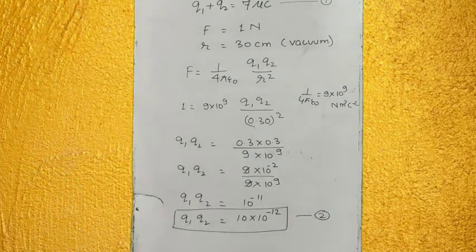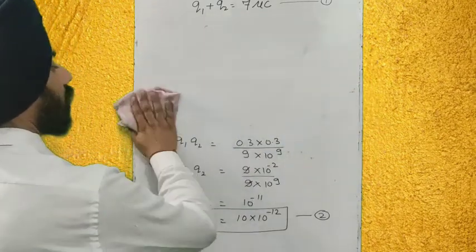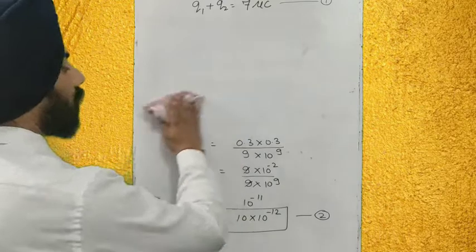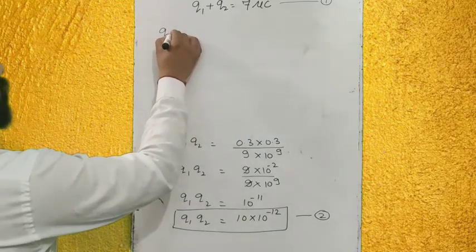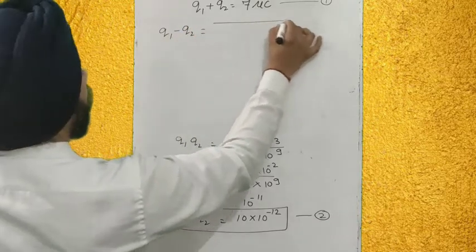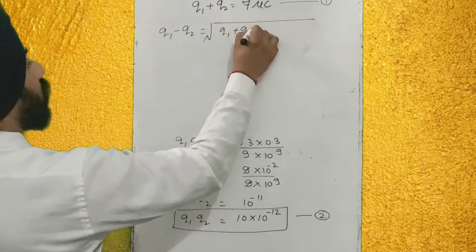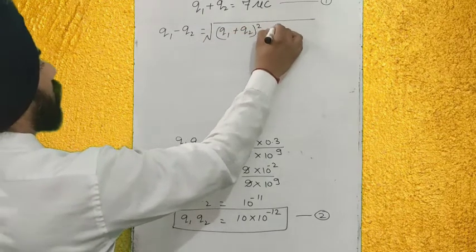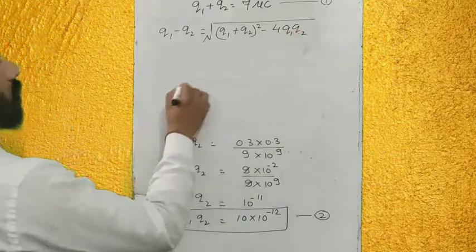We have to find out the value of individual charge. So here we have a mathematical equation: Q1 minus Q2 is equal to under root of (Q1 plus Q2) whole square minus 4 Q1 Q2.